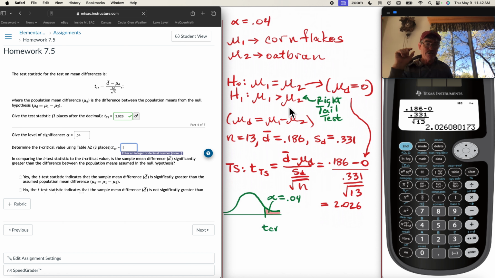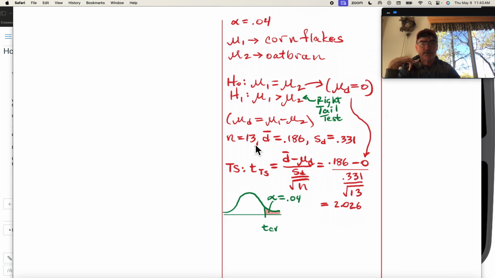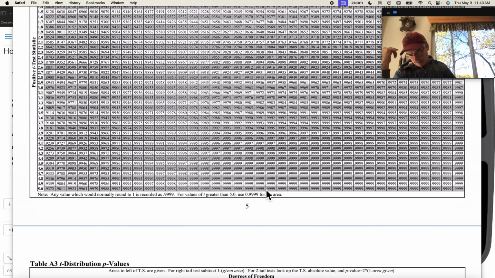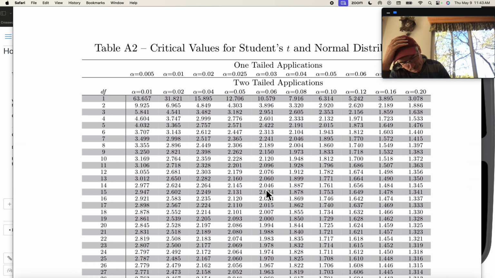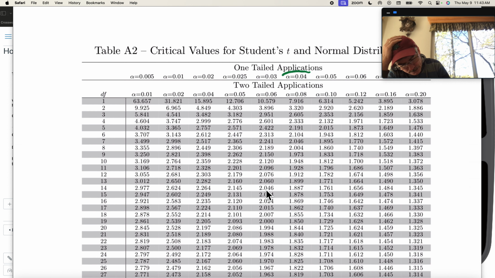Okay, so critical values will all come from table A2. So again, we're doing 0.04 one tail. Now the degrees of freedom are n-1, so there's going to be 12 degrees of freedom here. So let's go ahead and jump down to the table. Okay. So again, one tail, alpha is 0.04, so that's this column. The sample size is 13, so n-1 is 12.